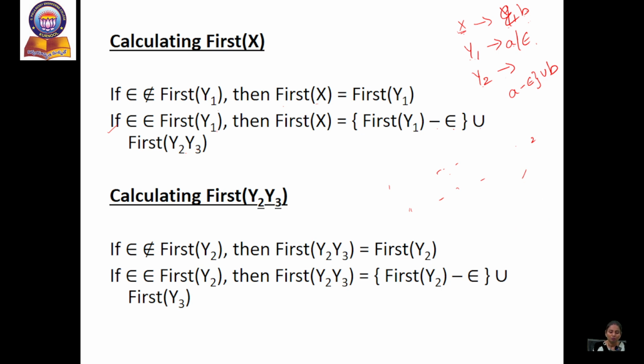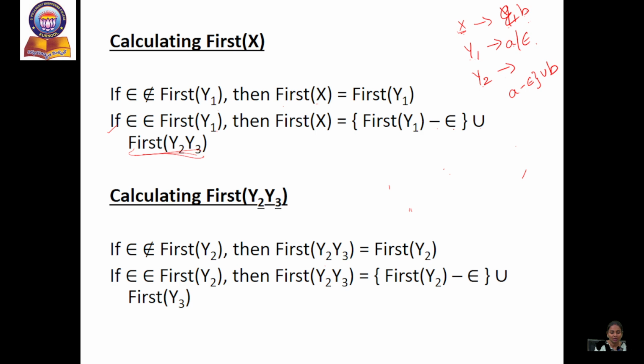So here one more case is there. So if epsilon does not equal to first of y2, then first of y2, y3 will become the first of y2 only. If it is not epsilon, in such cases, again to calculate first of y2, y3, y2 is not having any epsilon, then directly it can consider the first of y2, y3 and directly it can consider y2.